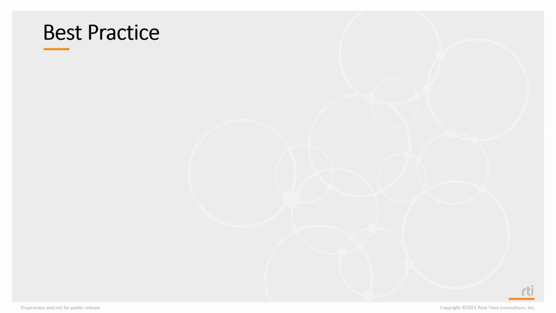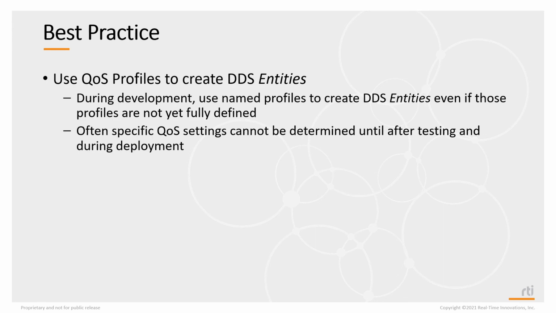So what are some best practices for setting the QoS values of DDS entities? Well, first, use QoS profiles to create DDS entities. So during development, you would use named profiles. You use a profile name and a library name to create DDS entities, even if those profiles have not yet fully been defined.